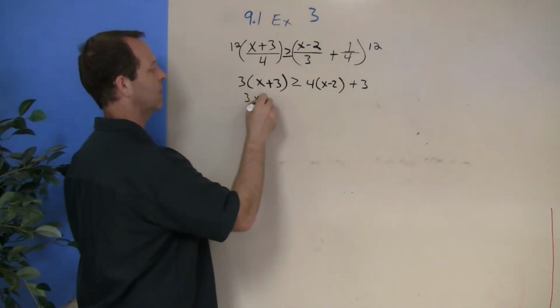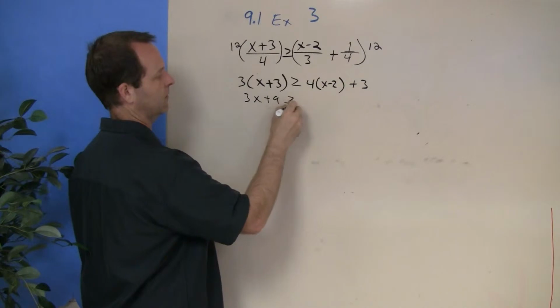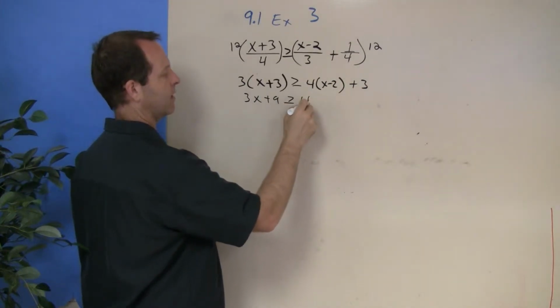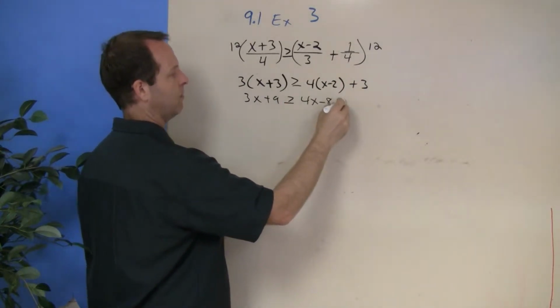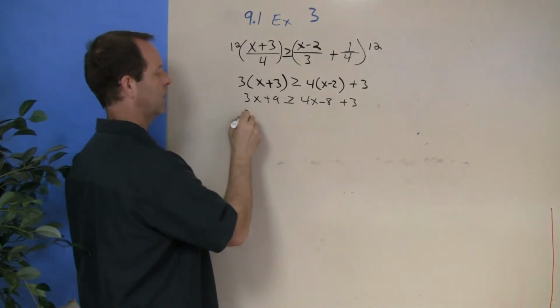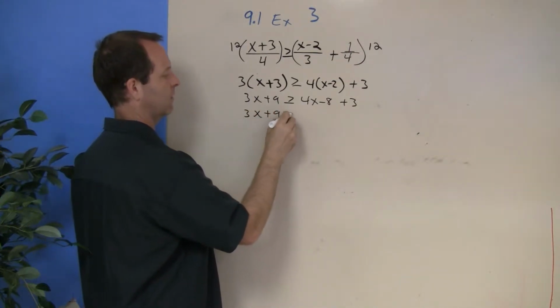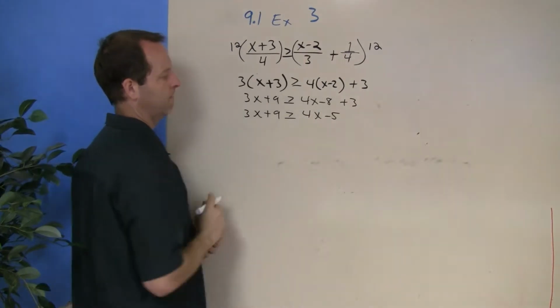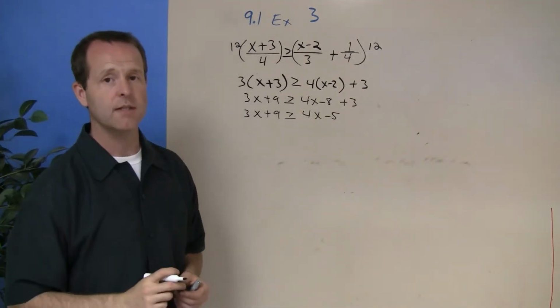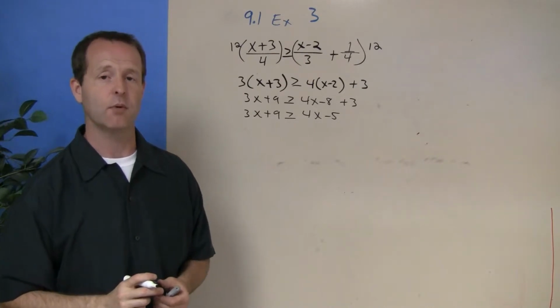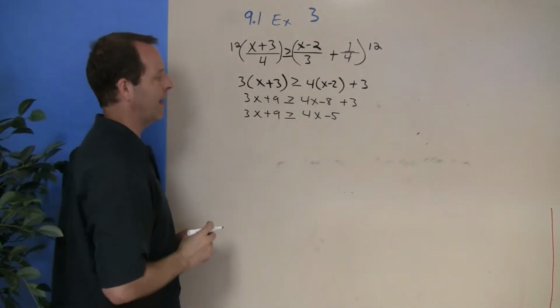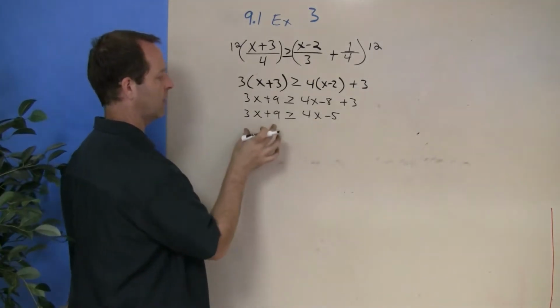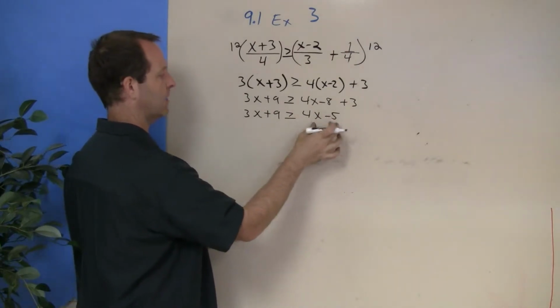3x plus a 9, 4x minus 8 plus a 3, collected all my like terms. Now it's just a process of isolating the variable of x. I'm going to move all my x's to the right side, so I'm going to subtract 3x from both sides.